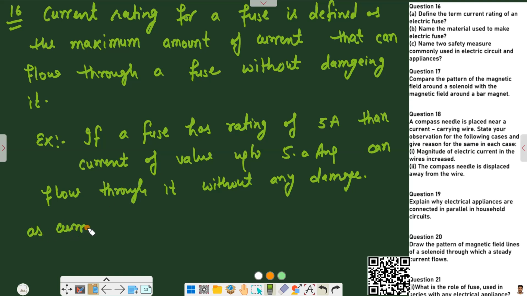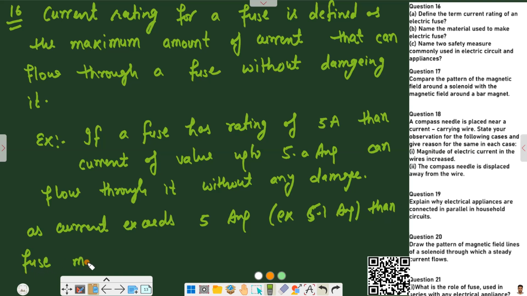As current exceeds 5 ampere, for example, suppose 5.1 ampere, then the fuse melts and breaks the electrical connection.